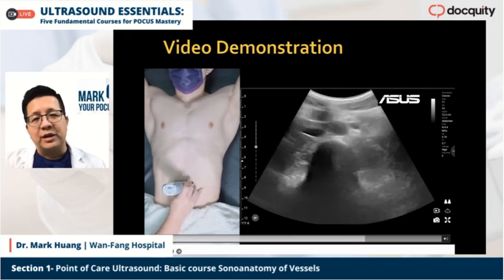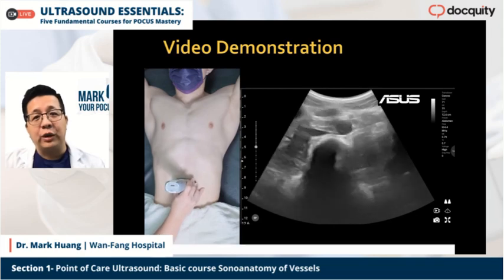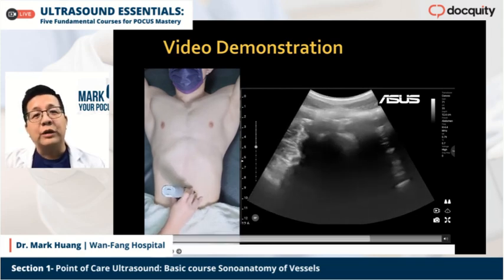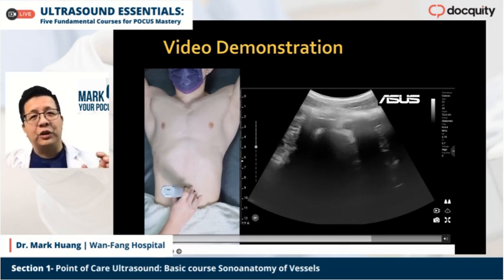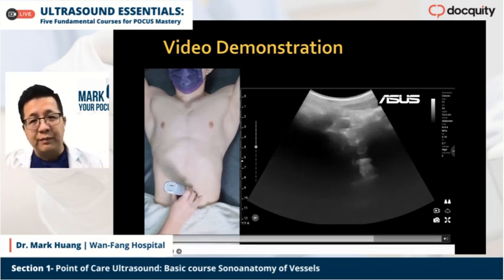It's very important because most abdominal aortic aneurysms are in the infrarenal area. So you have to scan the aorta down to the bifurcation.